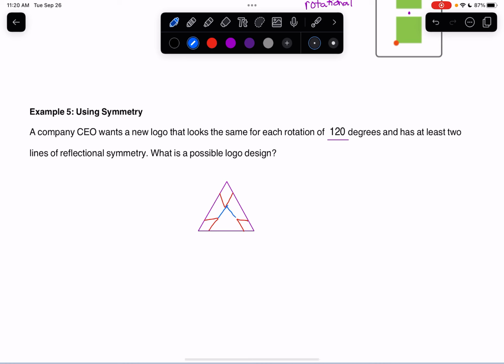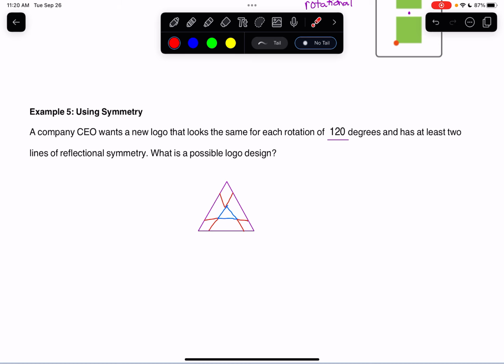So for example, this could be a logo that I could use because this would still be this equilateral triangle that when I rotate it around 120 degrees, it's got the same look to it. And I could still draw these lines of reflectional symmetry and it would still work there.